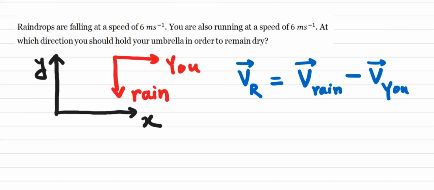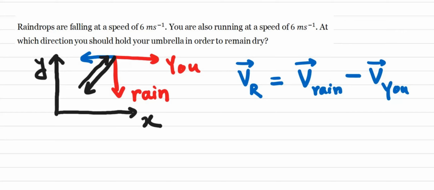What we are actually looking for is the negative of this. It means you need to find the negative of your velocity, and then the relative velocity of rain points in this direction, and your umbrella should be held in that direction.